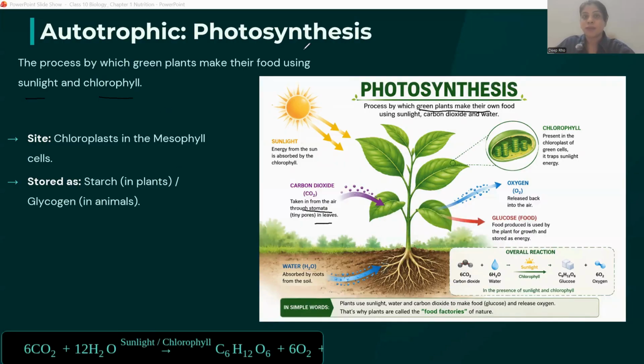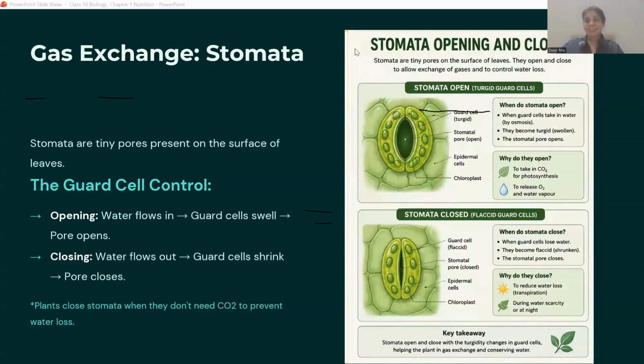So these stomata take up carbon dioxide from the environment. How does a plant take up CO2?